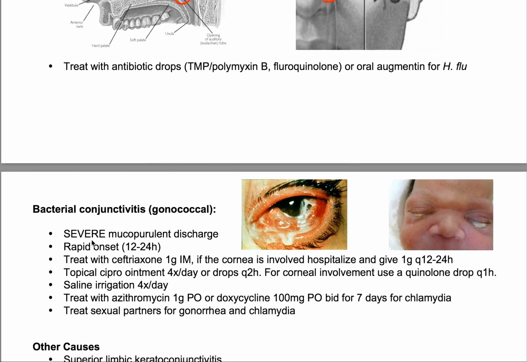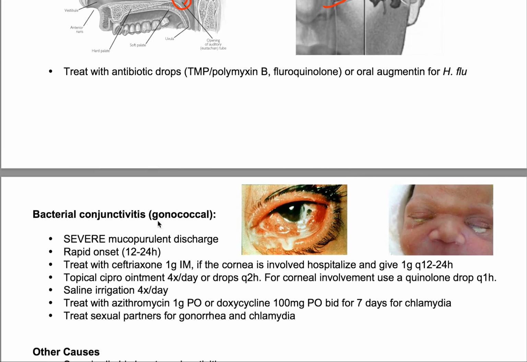Now, we also need to be especially careful for gonococcal conjunctivitis. The purulent discharge is much more severe. It has a rapid onset, and it should be treated with ceftriaxone. Sexual partners should be treated in cases of adults. Also be aware that this can present in infants.